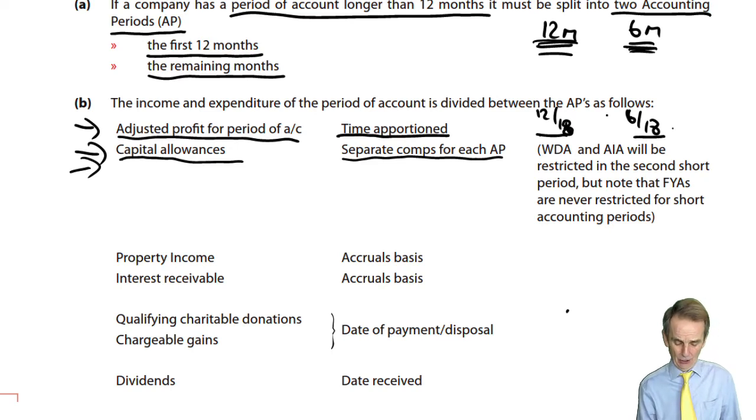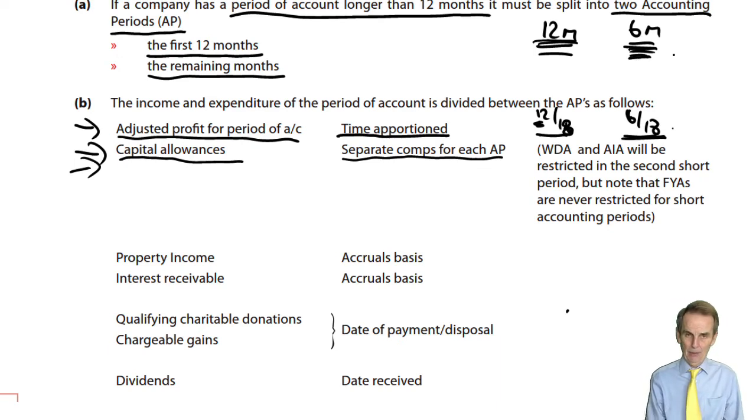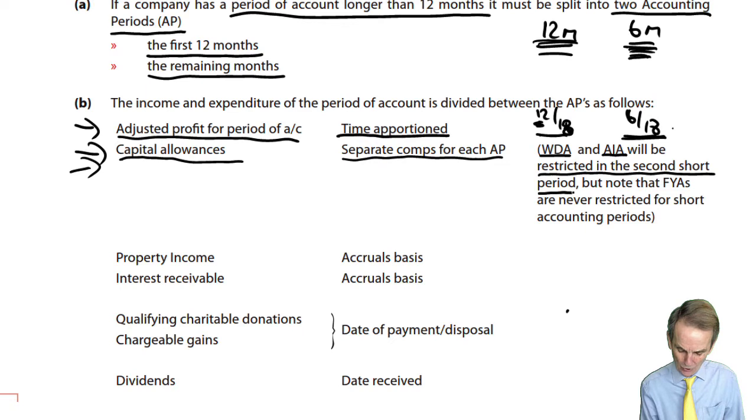Now, the first capital allowance computation is for a 12-month period. So it's a normal annual period. So your annual writing down allowance, your annual AIA limit there will apply. But that, of course, is not going to be the case when it comes to the short period. Here, in our example, the 6-month period that we have. In this 6-month period, then we have to realise that both WDA and AIA will be restricted in the second short period.